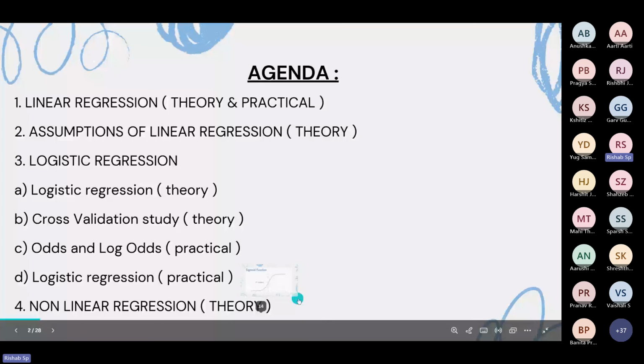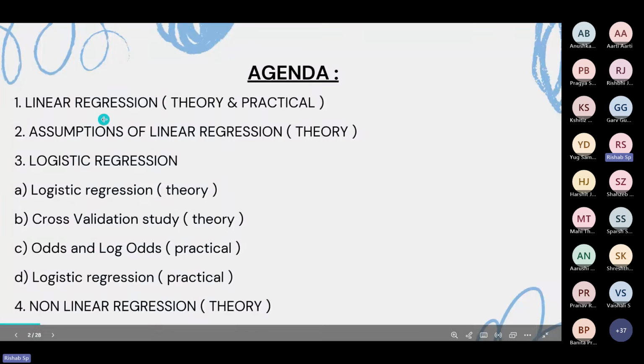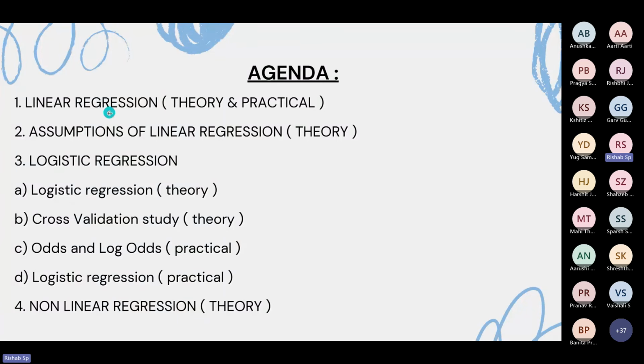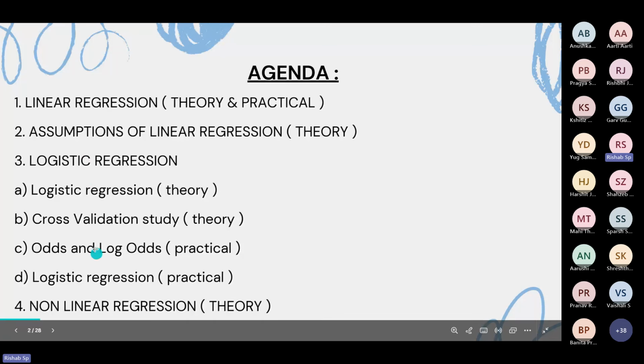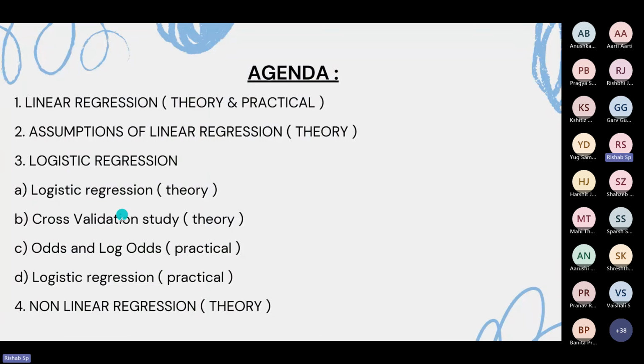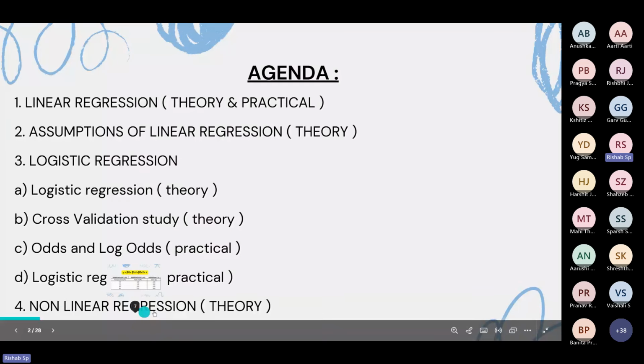This is our main agenda. First we'll discuss linear regression and the assumptions of linear regression, which we will complete within 15 minutes or so. Logistic regression will take a bit more time because there is theory and practical, and you should also have conceptual clarity. Last, we have nonlinear regression, which is so simple. Let's start.